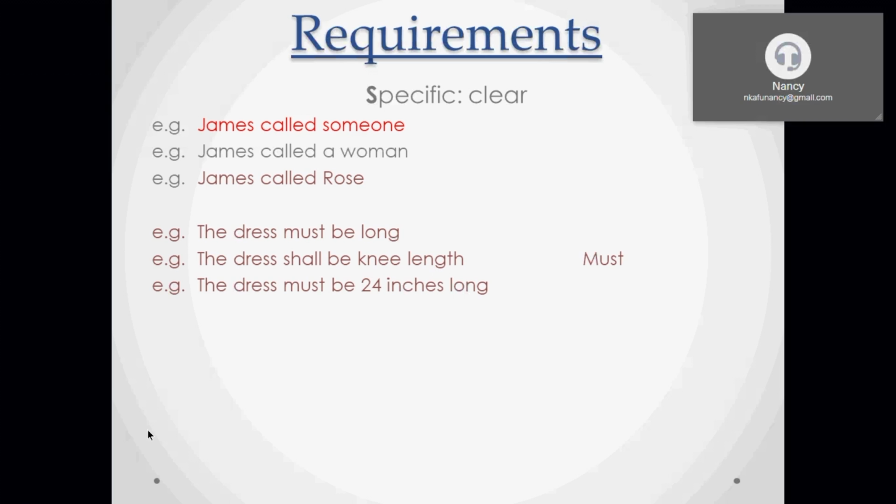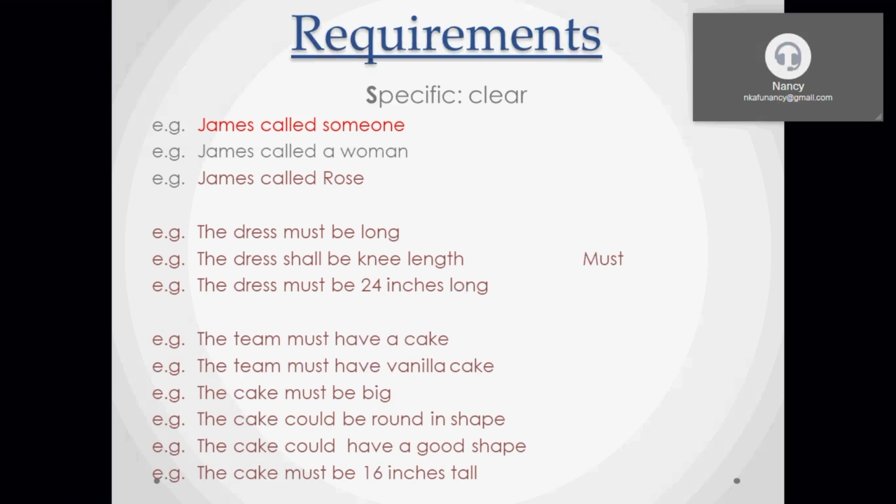So the last one, which is the dress must be 24 inches long, is the right way of writing this requirement about the dress. So you have to be specific. Long is general. Long could have different meanings. The length could be on top of the knee or below the knee. So specific: 24 inches.